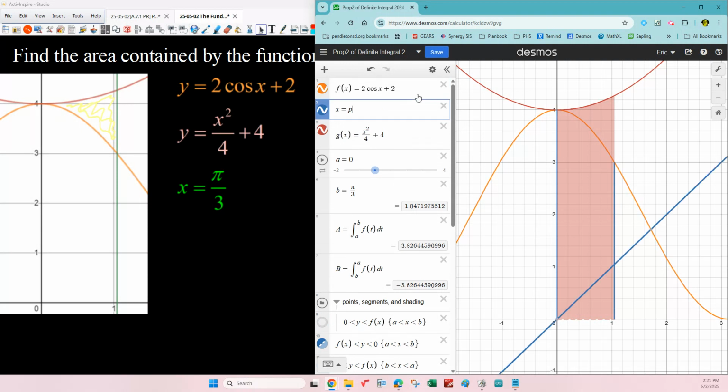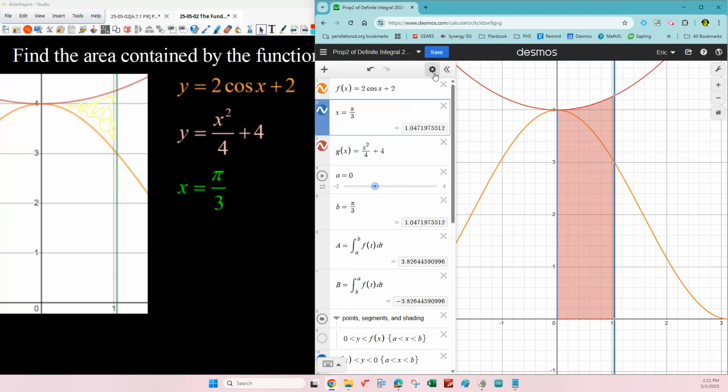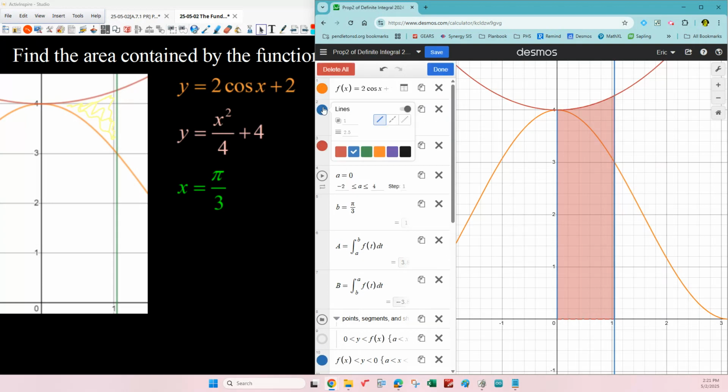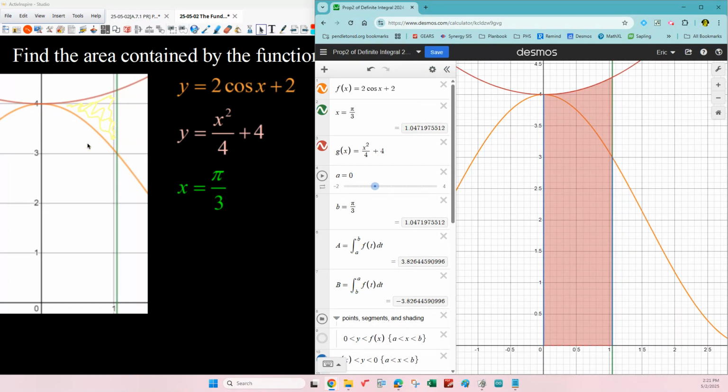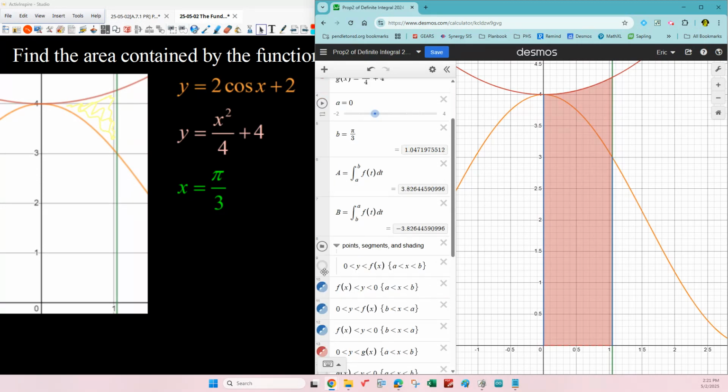X equals pi thirds, and let's make it green so it matches our picture. There it is, right? There's the red area. Here's the orange area. If I subtract those away, what would be left? That little area up there.